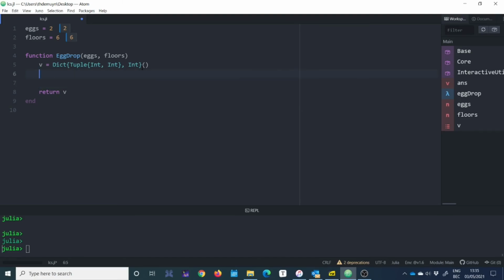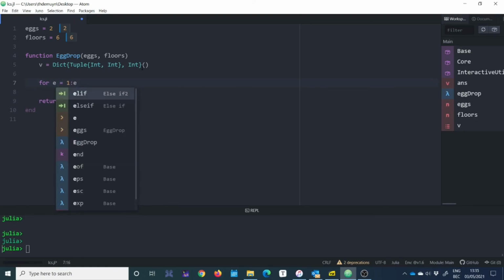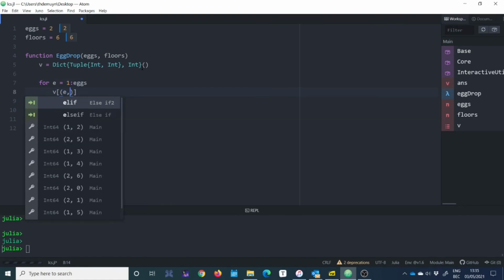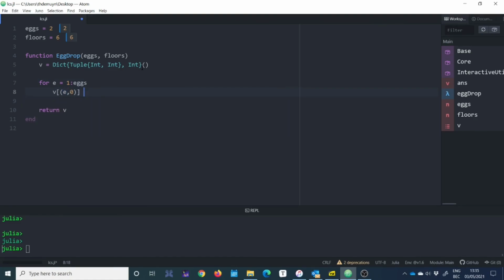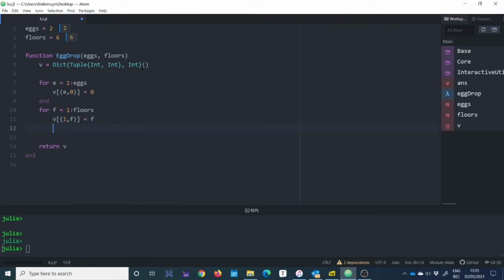So there are some base cases. In particular, if the floor is equal to the 0 floor, v e of 0, this is going to be 0, no drops are needed. And for f equal to 1 to floors, if I only have one egg and f floors, then it's going to take me at most f trials to determine the critical floor.